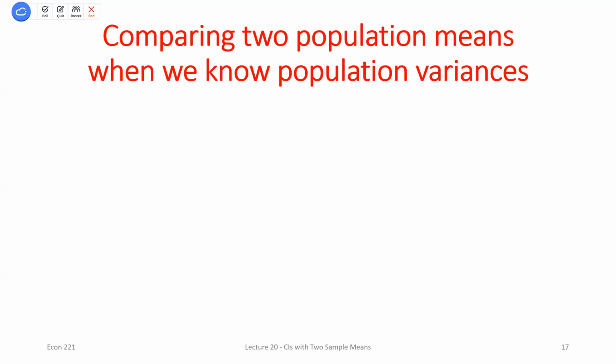Same kind of idea, right? So it's going to follow a similar kind of pattern, right? Just now, instead of a sample mean, looking at the difference in sample means. So instead of being centered around the true mean, it's centered around the true difference in means. Instead of the variance in one sample mean, we're looking at the variance of the difference in sample means. Right? So we now have the variance of the statistic we're interested in.